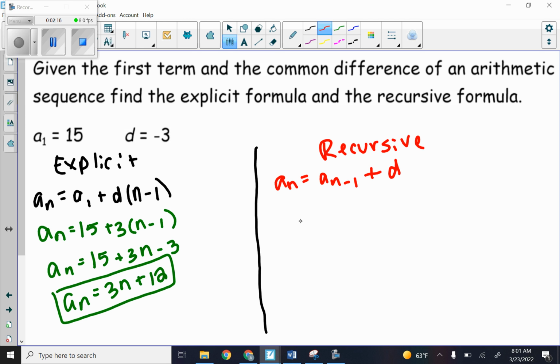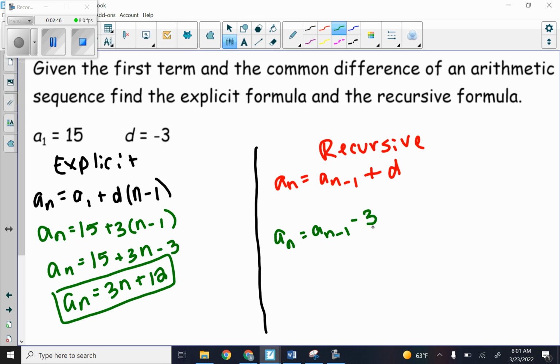So with this, the only thing we really plug in is d. So a sub n equals a sub n minus 1 minus 3.